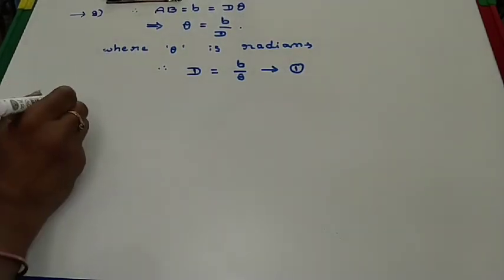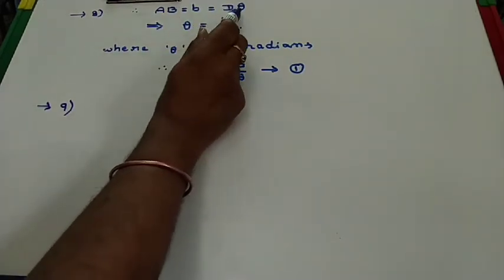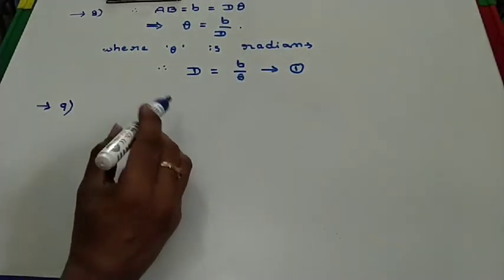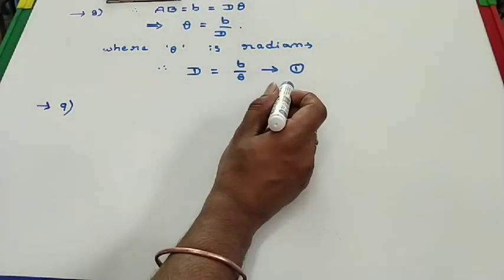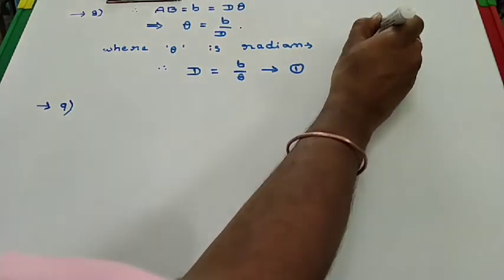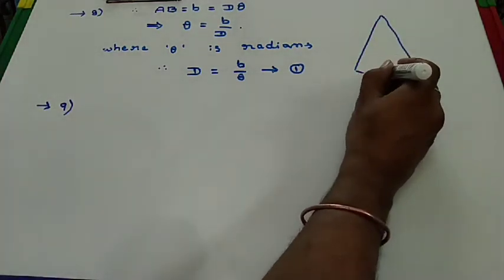Now point number 9. Once again I am repeating this point. AB is equal to b, that is equal to D theta. Theta is equal to b by D, where theta is in radian. Therefore D is equal to b by theta. Consider equation number 1. Now see the diagram. Once again I draw the diagram here.